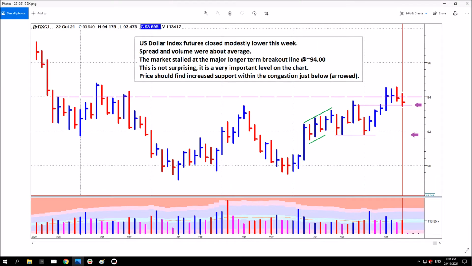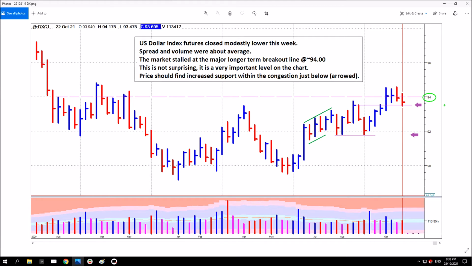So the first one is the US dollar index, and you can see that this 94 level is a really important level on the chart. This level, if broken to the upside, would be a clear breakout, a major breakout on the chart.